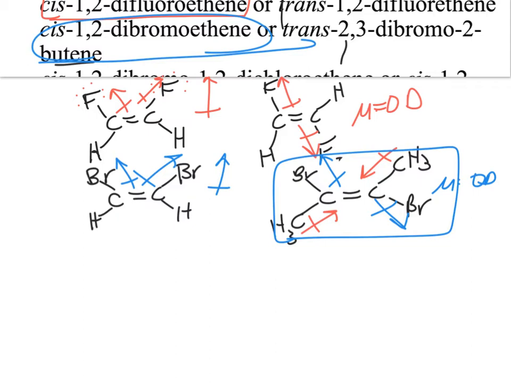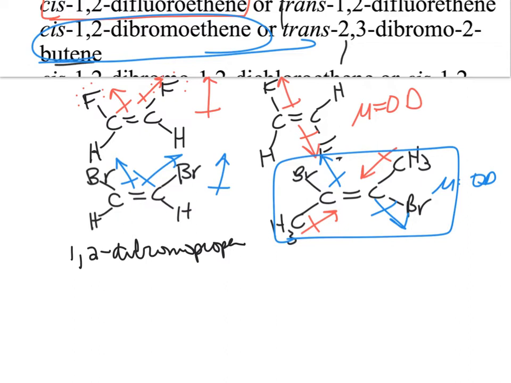And the problems not shown on here, we can't see, let's write it in, would be the 1,2-dibromopropene, cis and trans.